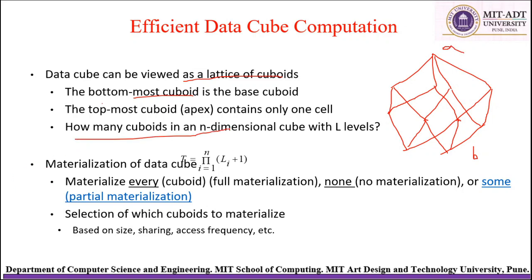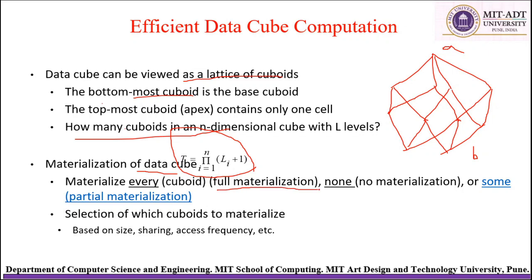So this is how you can calculate the number of cuboids in an n-dimensional cube with L levels. So we can have the materialization of the data cube with this formula: product for i equal to 1 to n, of L_i plus 1. So materialize every cuboid.